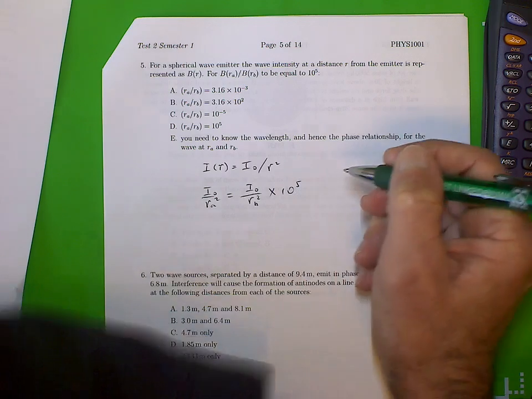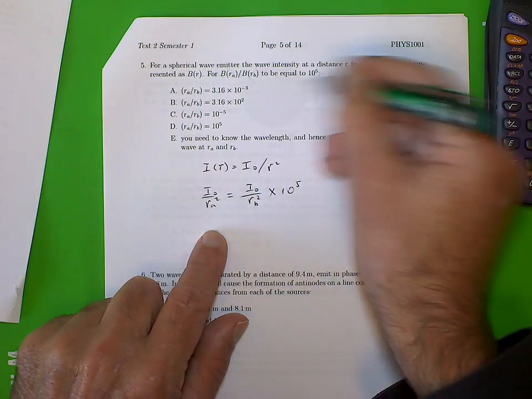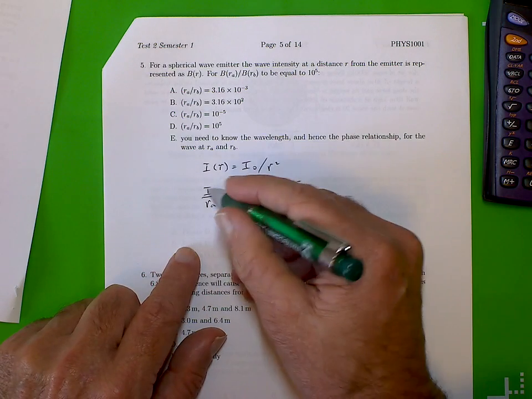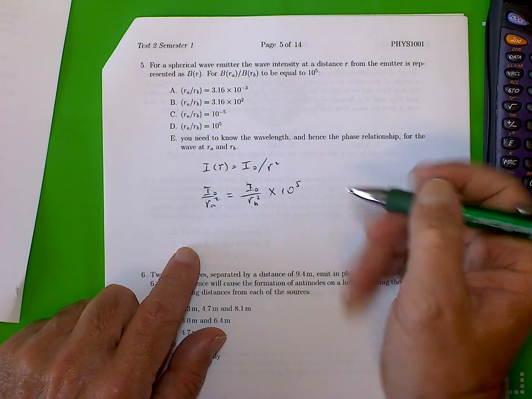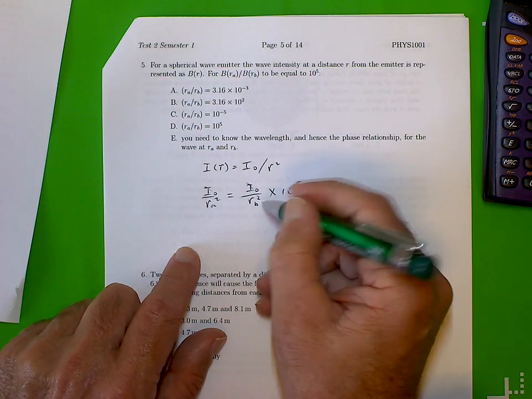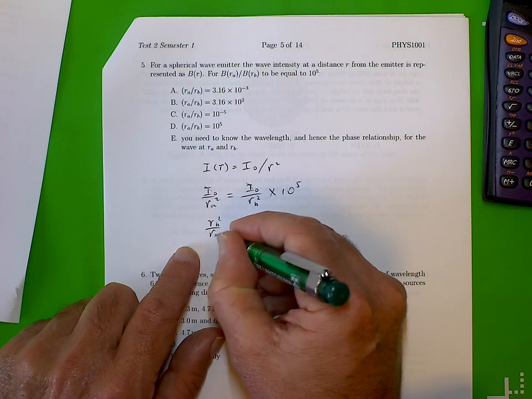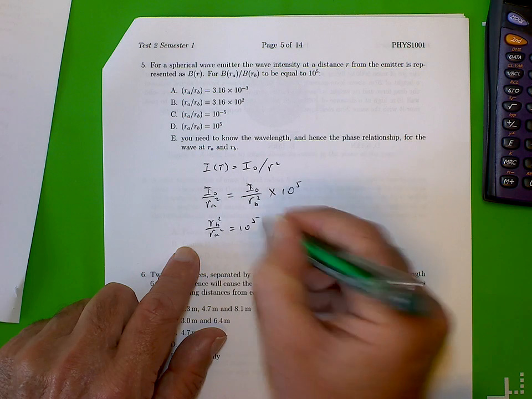Just rearranging that, the I naughts are going to cancel out, and we're going to get RB squared over RA squared equals 10 to the fifth.